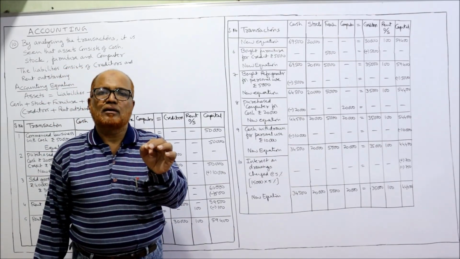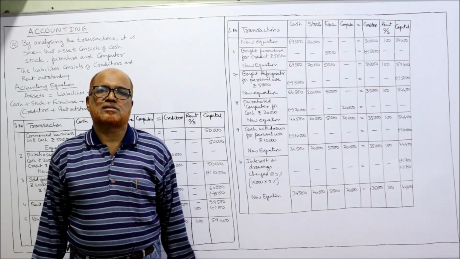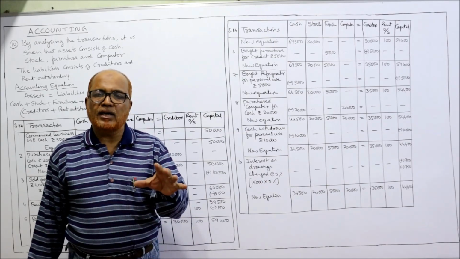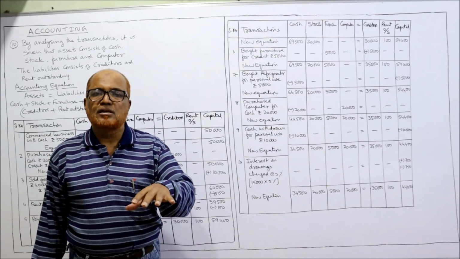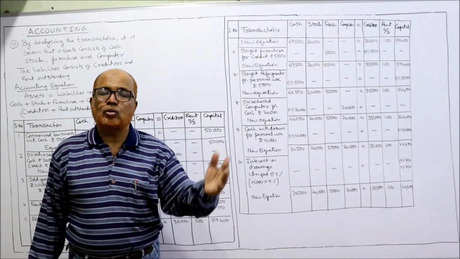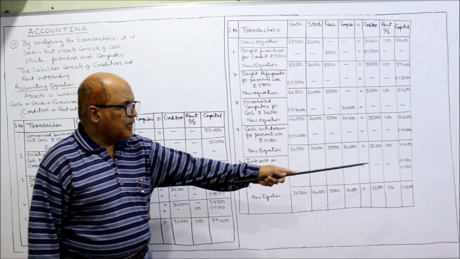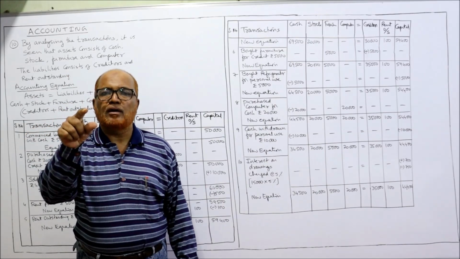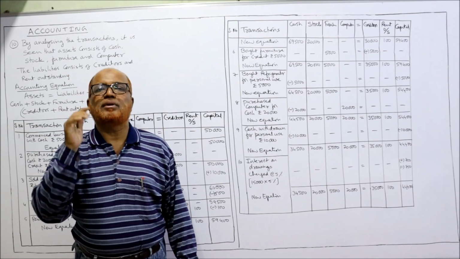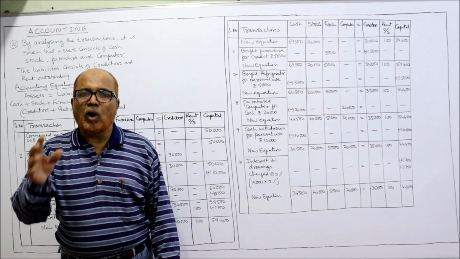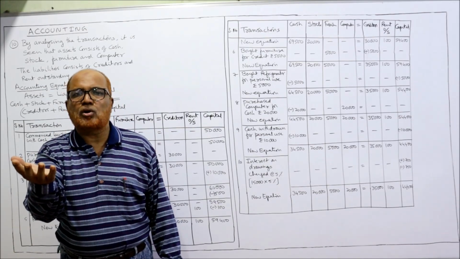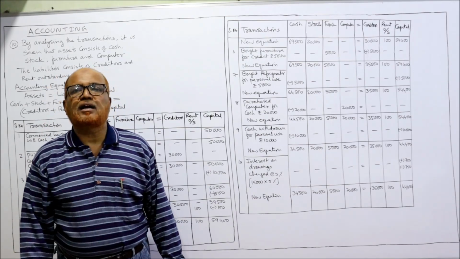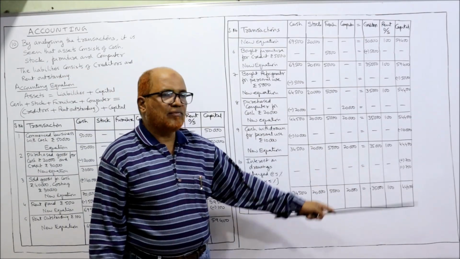Interest on drawing is an income to the business. So this income will be added to capital. So 750 rupees is added to capital. Whereas interest on drawing will be deducted from capital. Drawings and interest on drawings both will be deducted from capital. So minus 750.